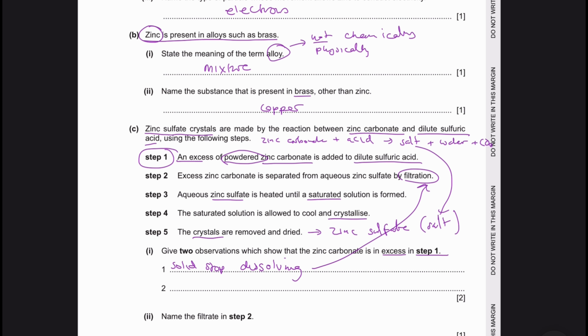And the second one is that also this reaction will stop because there will be no more sulfuric acid left to keep reacting with the zinc carbonate. So that means this carbon dioxide that we talked about earlier, the bubbling, will also stop because we've run out of the acid if this is in excess.